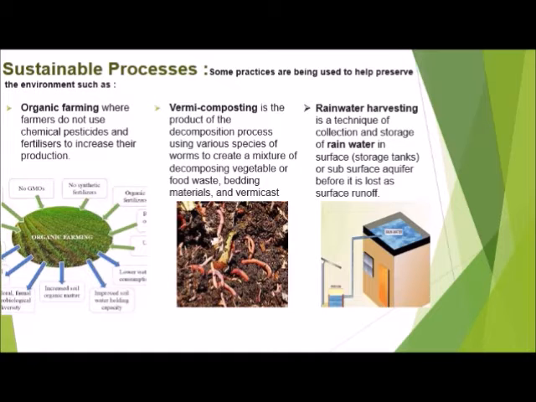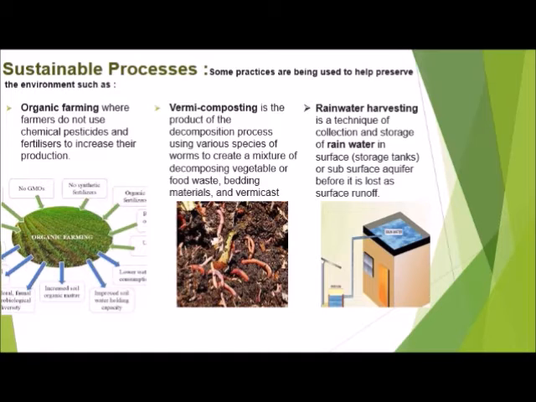Organic farming is where farmers do not use chemical pesticides to increase their production. They use organic and natural fertilizers such as cow dung to help in growing crops.